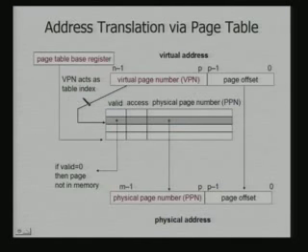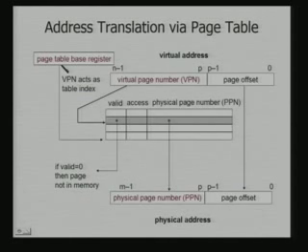In more detailed form, we have this kind of structure. This is my virtual address, or the logical address. I have a virtual page number, which is part of the logical address, and this is the page offset. I use this virtual page number to access a location in a page table. Now, there is a page table base register.